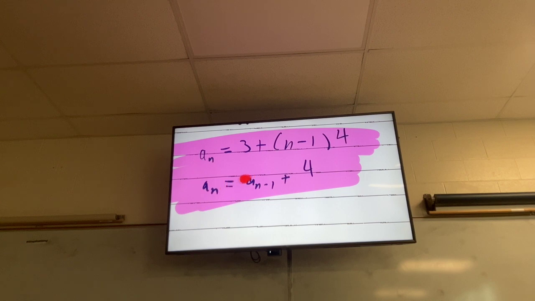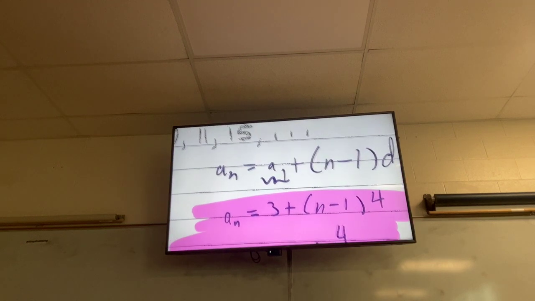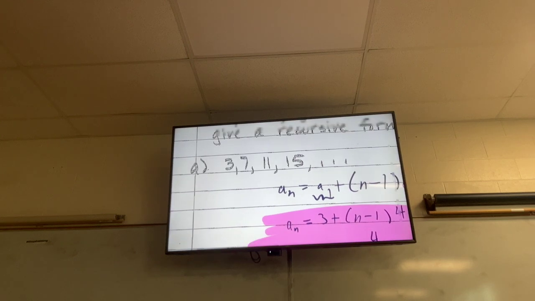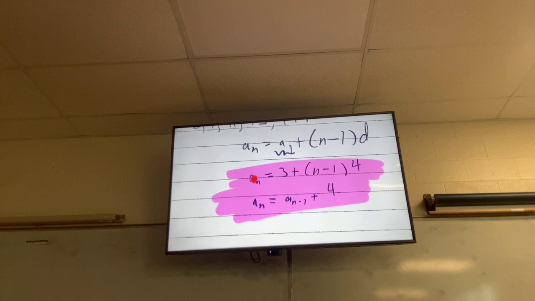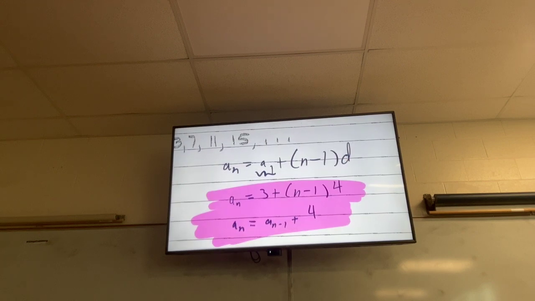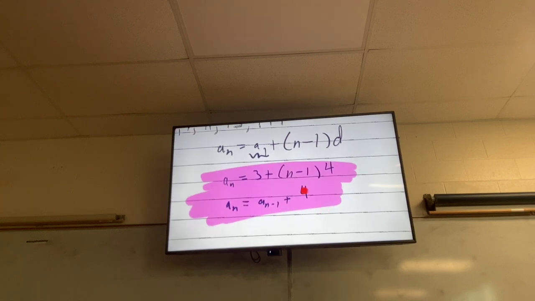You just always copy that down, and then plus that number, the common difference. So this you always write down. You're just plugging in numbers for a sub 1 and d, and then down here in my recursive formula, you're plugging in a number for d.